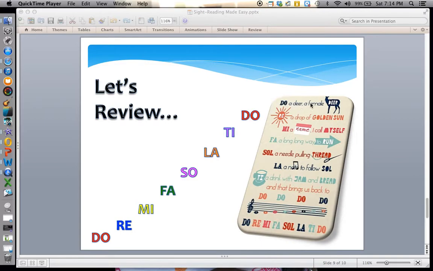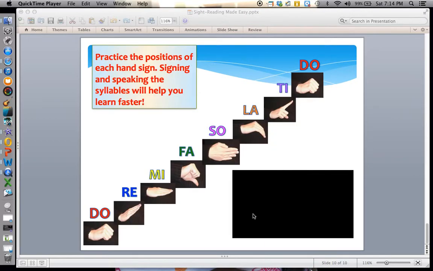I think many people in this country have seen The Sound of Music, and this familiar little tune was played during that movie so that Julie Andrews was teaching the children how to sing because they'd never sung before in their lives. So we're going to take a look at how in the world we are going to sing this and how it's related with these hand signs.